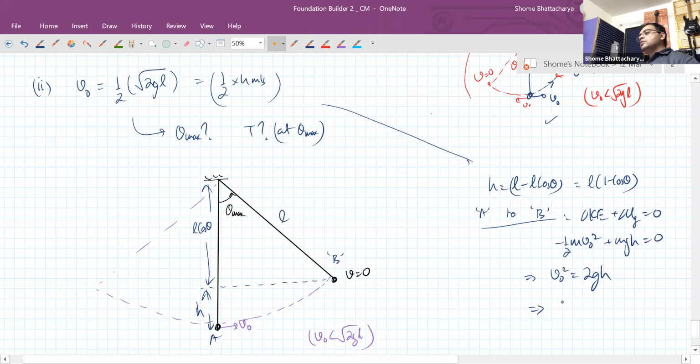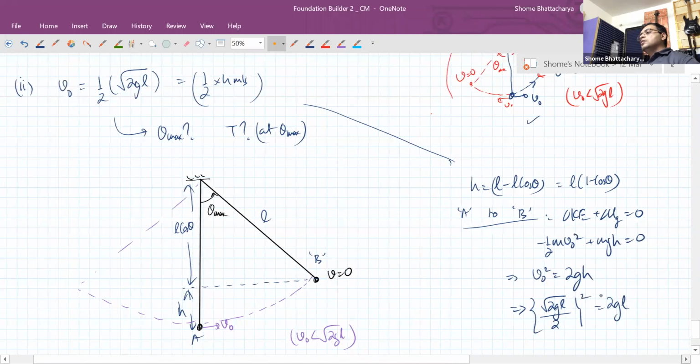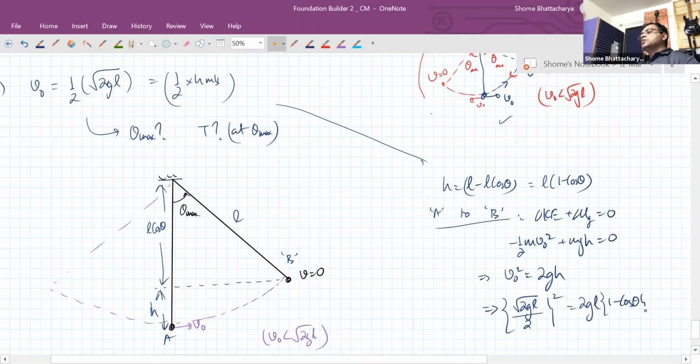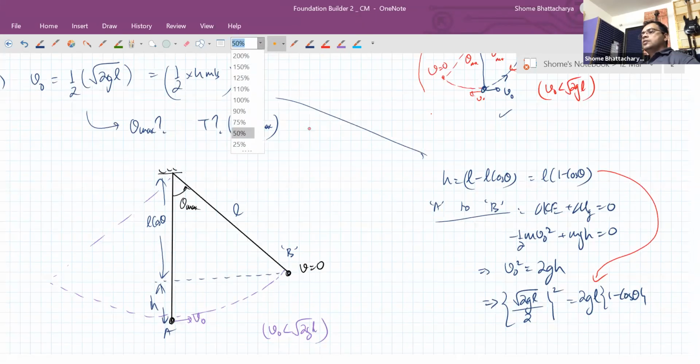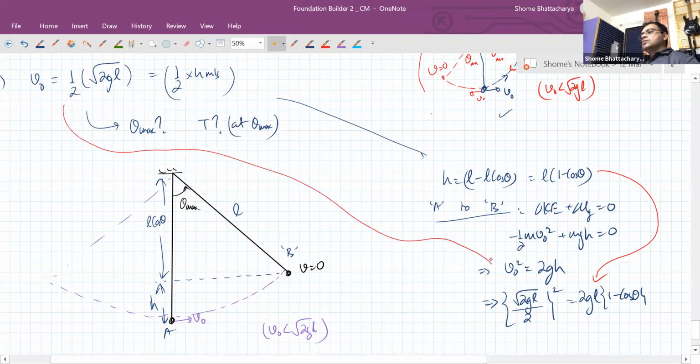So V naught square is how much? V naught is root 2 GL divided by 2. So this is equal to 2 GL into 1 minus cos theta, because we will substitute this value. H is equal to L into 1 minus cos theta. And we'll substitute this value here. That V naught is equal to half of root 2 GL.